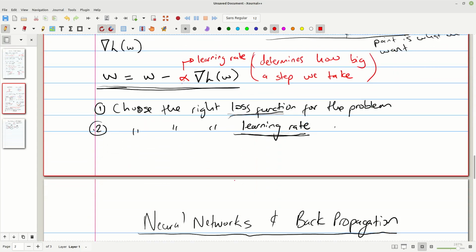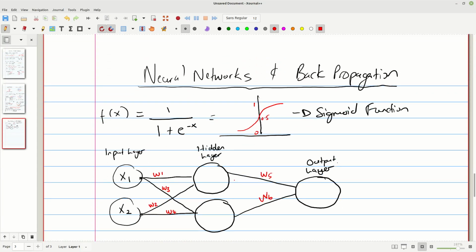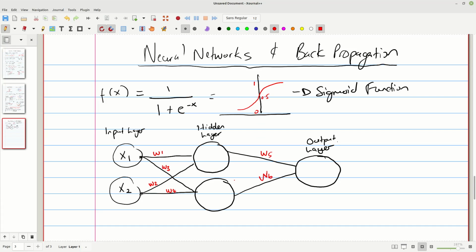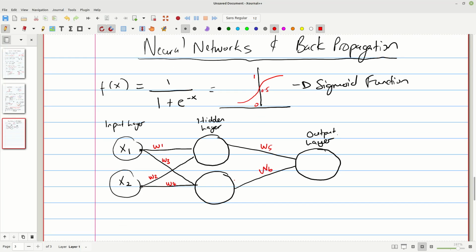But now when we're dealing with neural networks, we have a network of neurons, or a network of perceptrons in this case, where the features x1 and x2 go into this layer, and they also go into this neuron, and then we can build it with as many hidden layers as we want and as many neurons per hidden layer. That's one thing to note here.